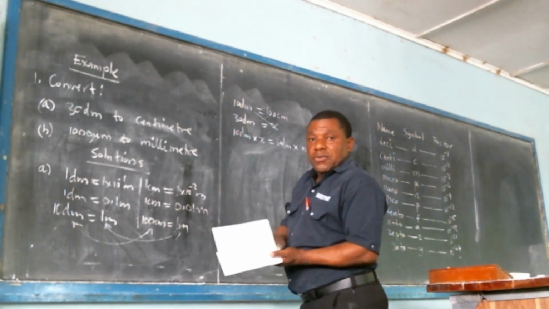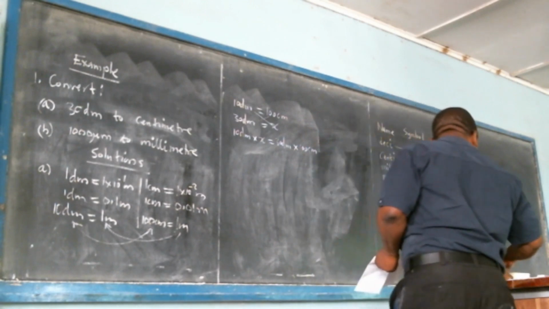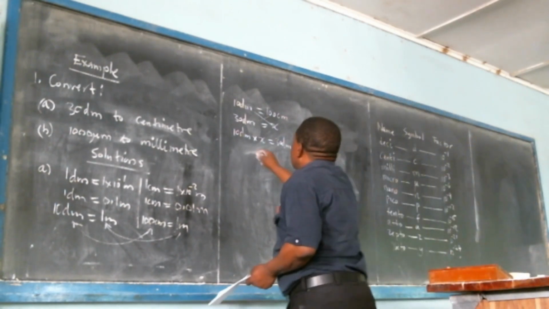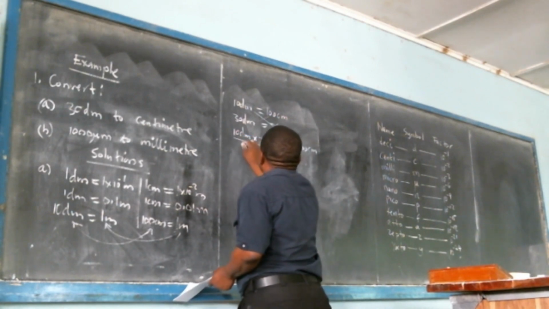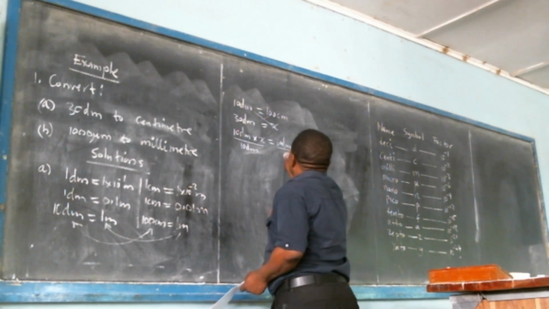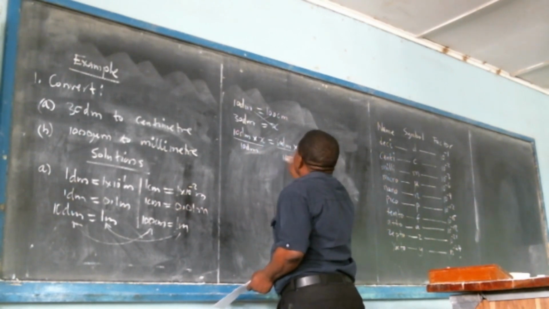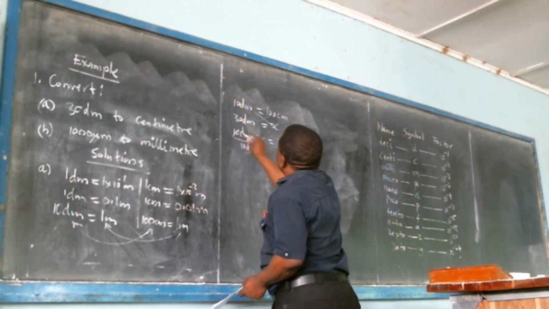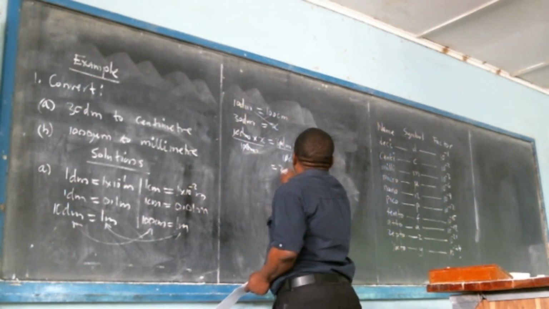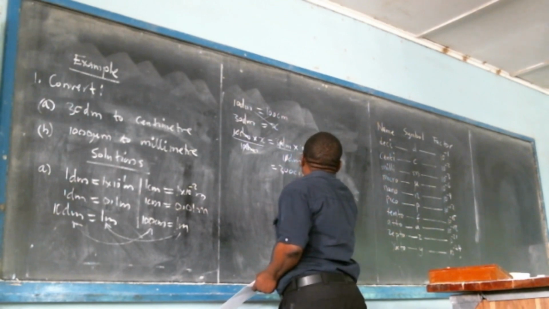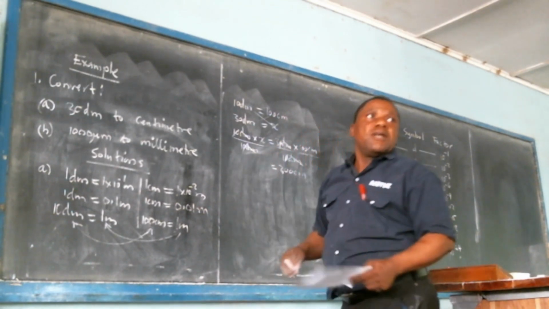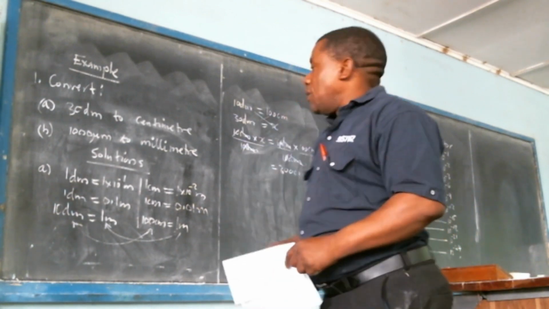Our interest is in the 30, and also in the x, so we divide. The decimeters will disappear, and we just remain with the centimeters.